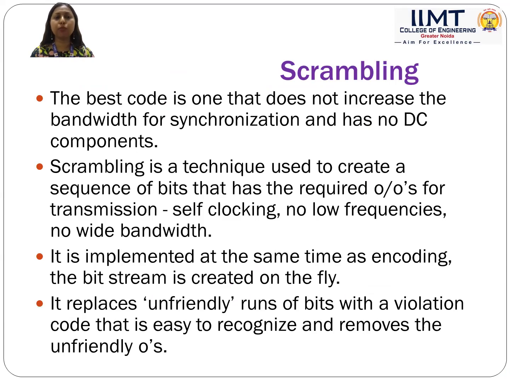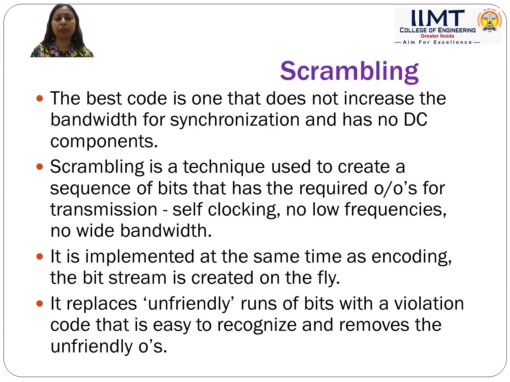Scrambling is a technique used to create a sequence of bits that has the required transitions for transmission, self-clocking, no low frequency components, no white pattern. It is implemented at the same time as encoding. The bit stream is created on the fly. It replaces unfriendly runs of data with a violation code that is easy to recognize and remove, to eliminate the unwanted zeros.